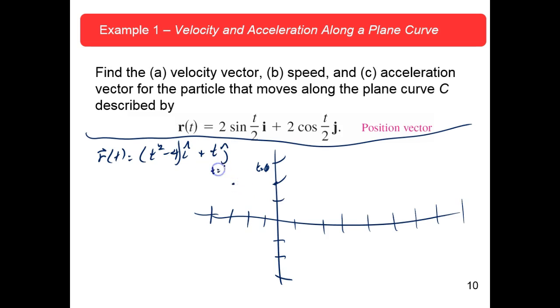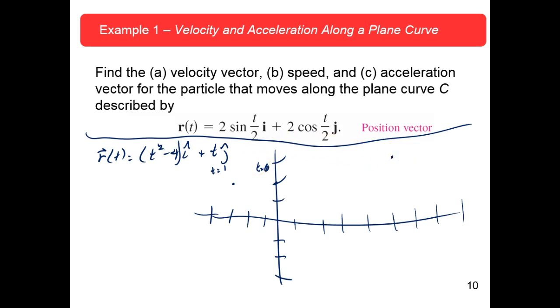This is when t is equal to 1. Give me another t. 3. t is equal to 3. 3 squared is 9. 9 minus 4 is 5. That's the x component. And then that was 3j.